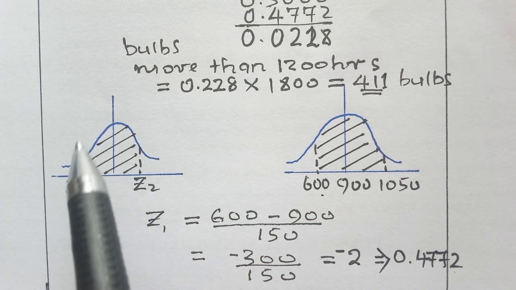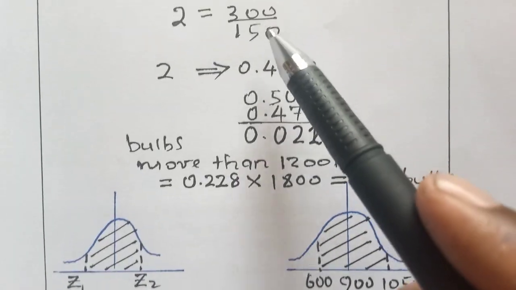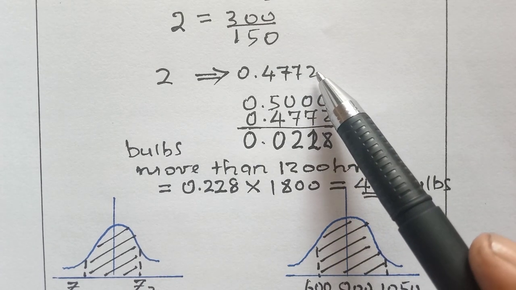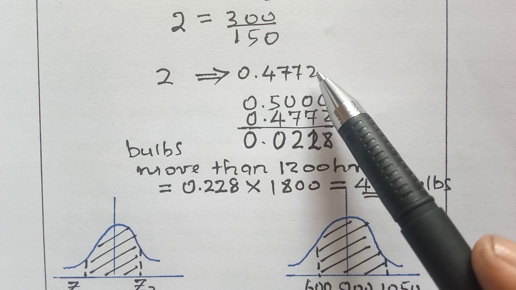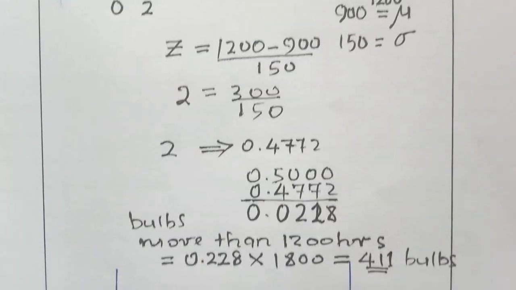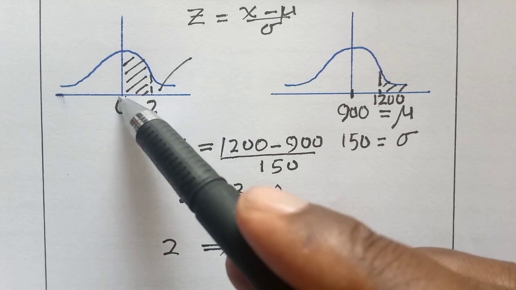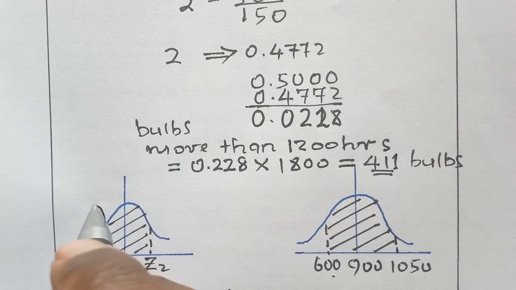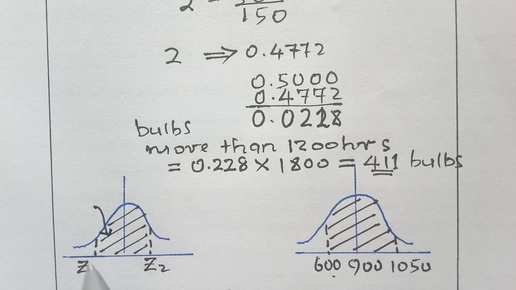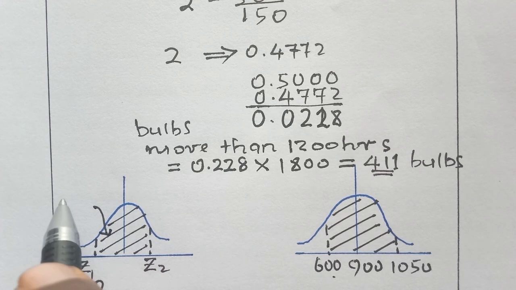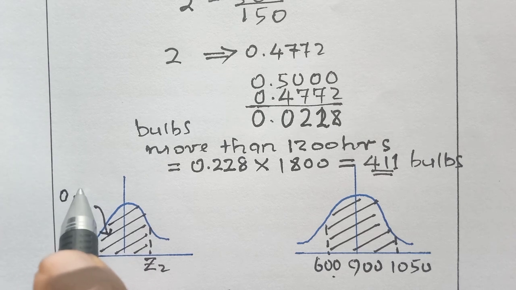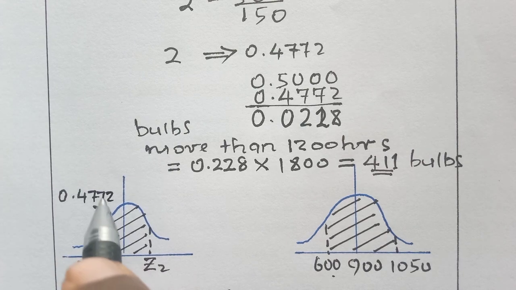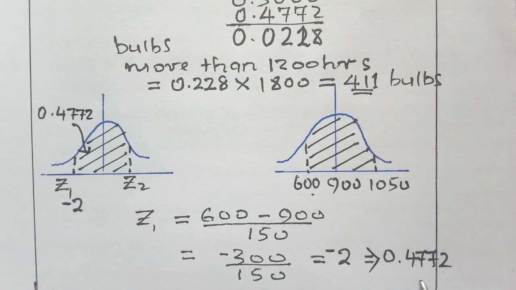Because we already had a 2 and found this as our probability space, it will still be the same, only that now it is on the negative side. Instead of being on this side, it's going to be on this side. From the tables, because we had already checked on 2, this is now 0.4772, which I have already written here.